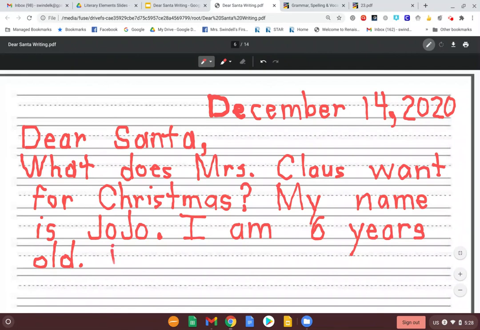Now I'm going to tell Santa I have been very good this year. I have was on our word wall. It's got a magic E on it, but we don't say have. I have been. I have been. It looks like bean, but that's a rule breaker. I have been very, the Y is making the E sound. I have been very good.